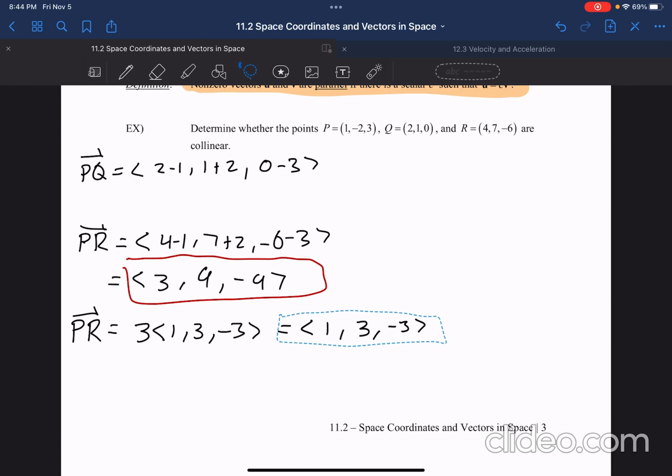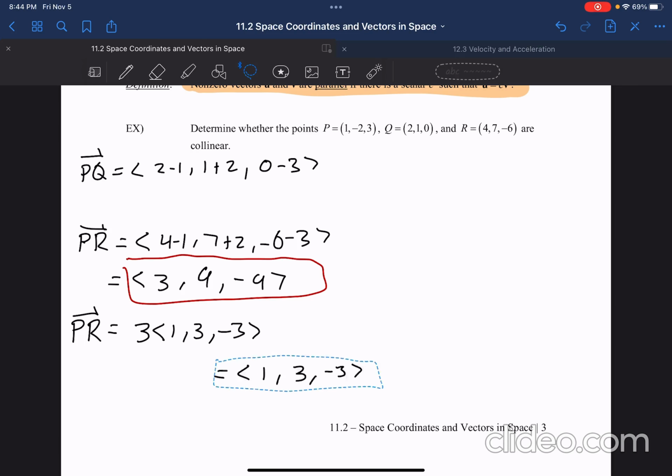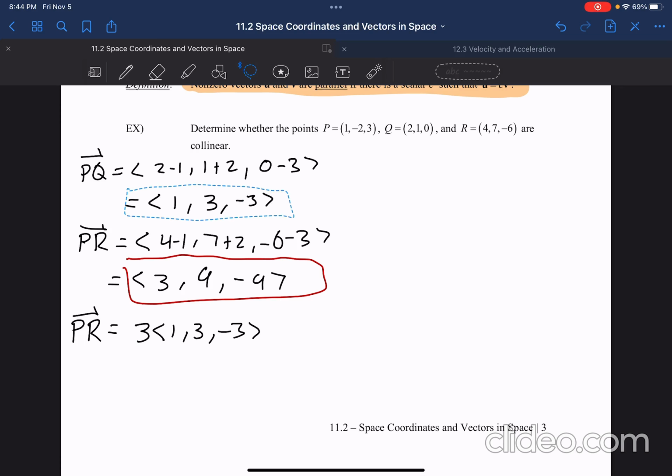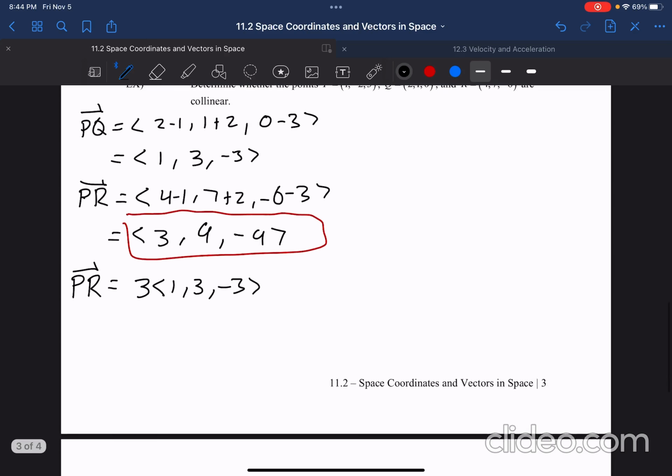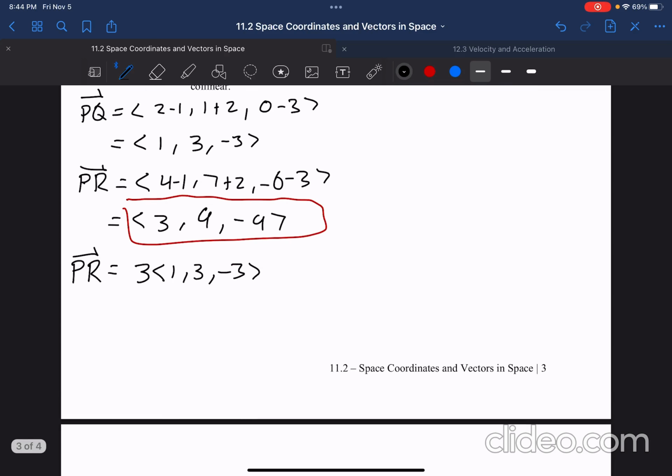For PQ, we also got <1, 3, -3>. And then same thing for PR, but it's just multiplied by a constant, which makes it bigger. So you can write here that PR equals 3 PQ. Hence, P, Q, R are collinear.